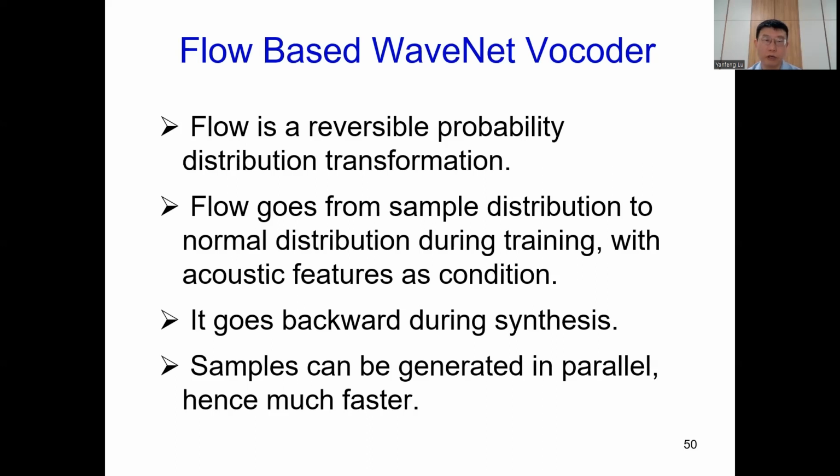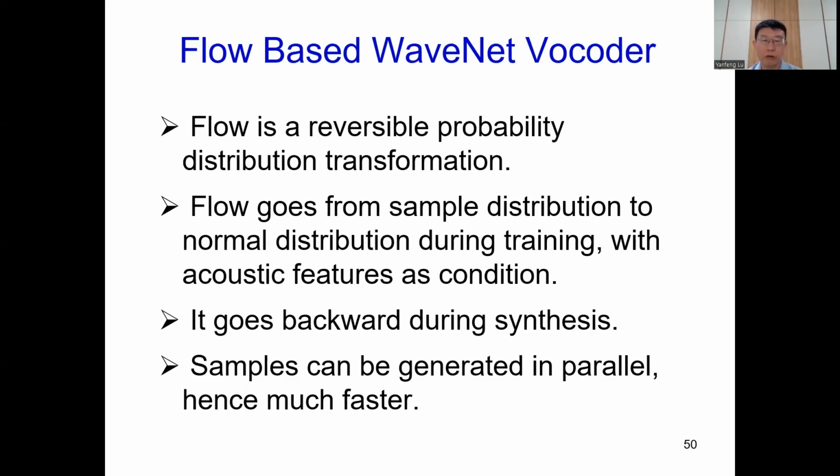That's the major feature of this kind of flow. During the training of the acoustic model, the samples are treated as a distribution, and the flow goes from the sample distribution to a normal distribution. That's the mapping used during the training phase.